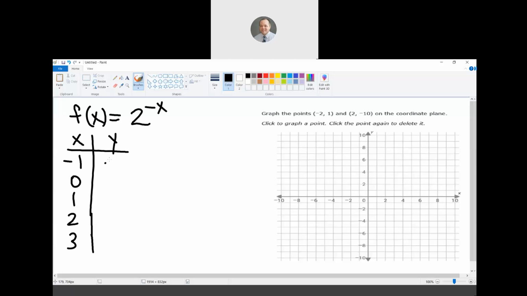When we plug in -1 for x, we got 2 raised to the -1. And that's actually 2 to the first power, or just 2. So we can go ahead and plot that point.